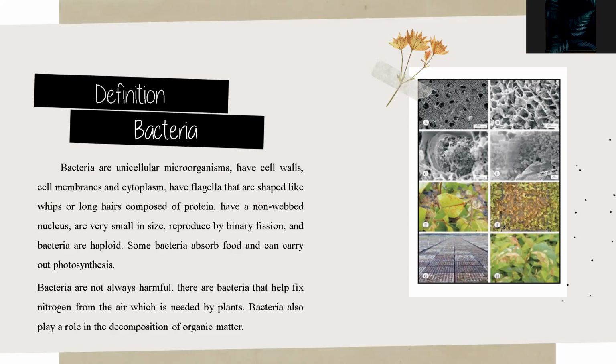They have no true nucleus, are very small in size, reproduce by binary fission, and are haploid. Some bacteria absorb food and can carry out photosynthesis. Bacteria are not always harmful. There are bacteria that fix nitrogen from the air, which is needed by plants. Bacteria also play a role in the decomposition of organic matter.